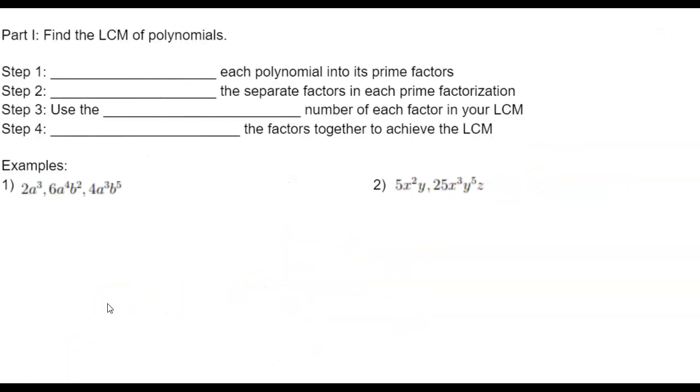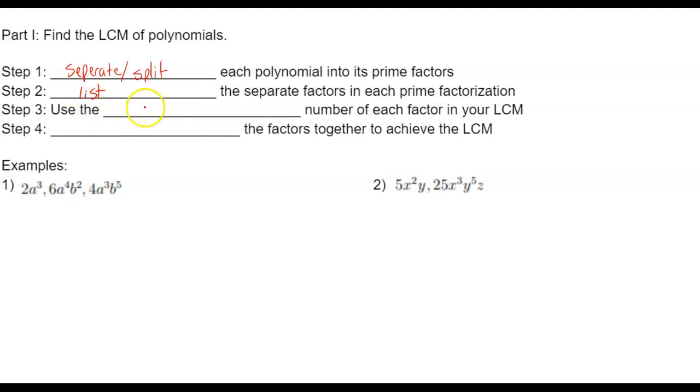So if we're trying to find these inside of a polynomial, we are going to separate or split each polynomial into its prime factors. And then we are going to list the separate factors of each prime factorization. Remember, prime means the smallest possible number.